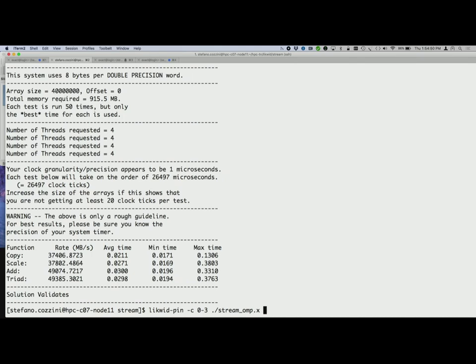Here I'm placing the 4 threads on the first 4 cores. Remember that the way I'm doing the experiment is that each thread will spawn its array, and then read the array.